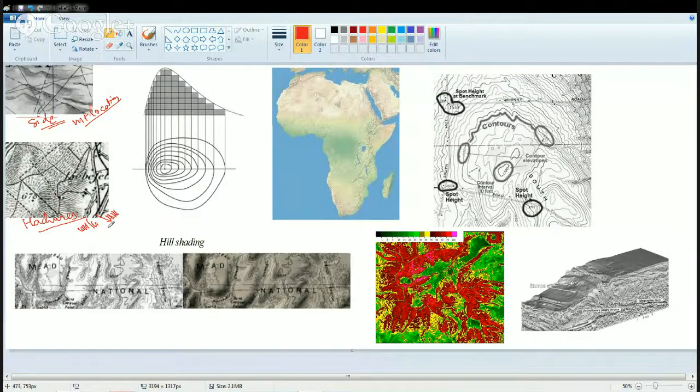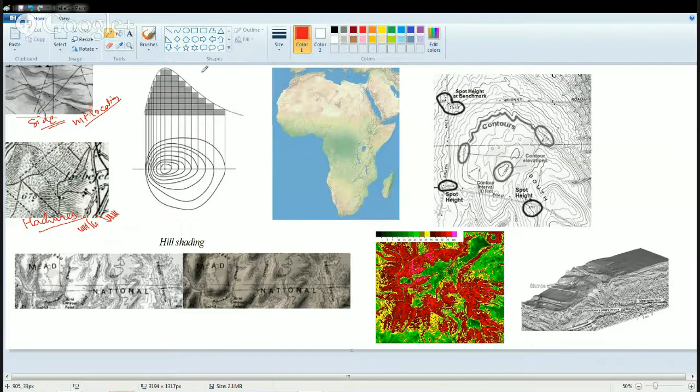Now, hachures are one of the popular means of relief depiction, but a major limitation is drawing so many lines. For this small area it will take a lot of time. So it is not that feasible to draw hachures, and the image that comes out, as you can see, is not of very good quality. It's poor and blurred in nature. So these are the two main drawbacks of hachures.